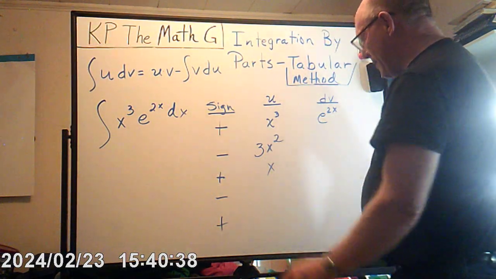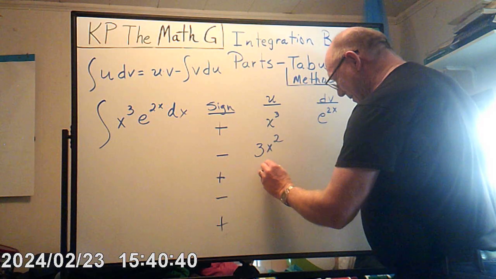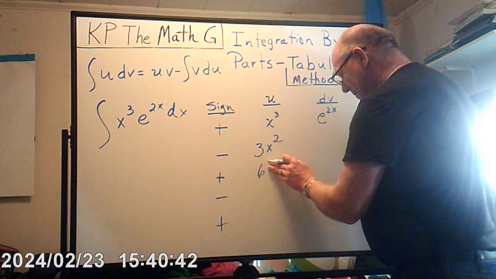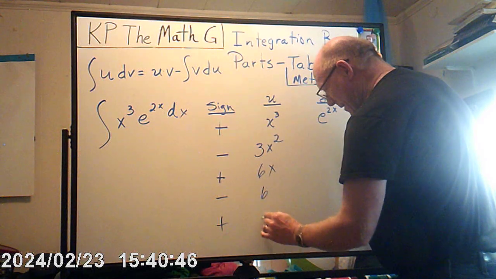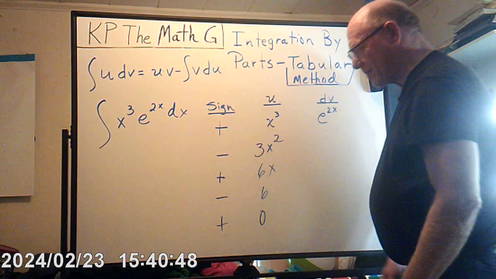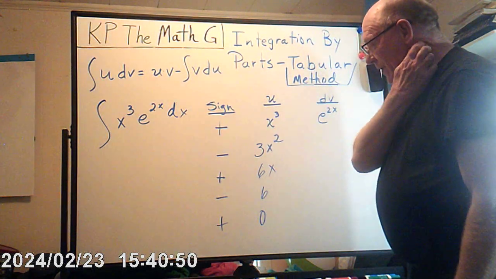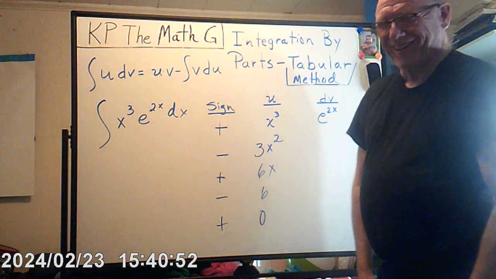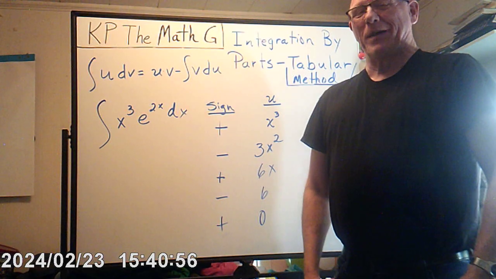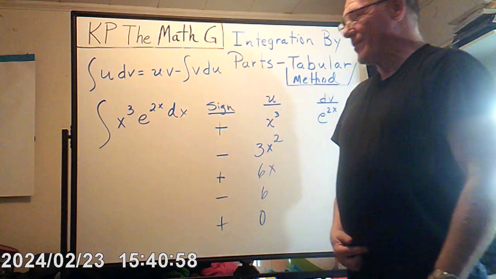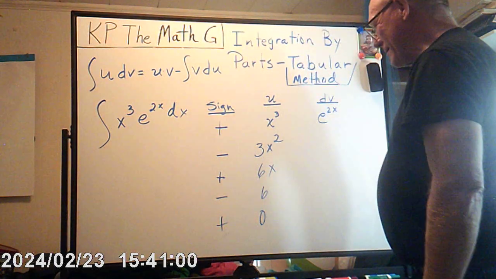There we go. Now this is 6x, isn't it? Now this is 6, and now this is 0. Even KP the Math G can foul something up once in a while.